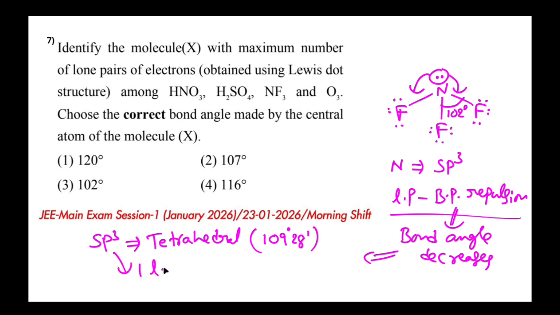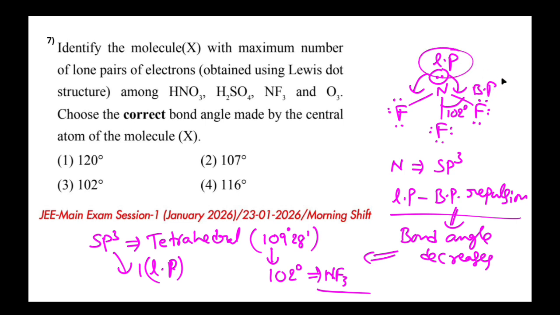So because of the presence of 1 lone pair, the bond angle decreases from 109 degrees 28 minutes to 102 degrees in the NF3 molecule, due to lone pair, bond pair repulsions. So the correct option is 102 degrees. Option 3 is the correct one.